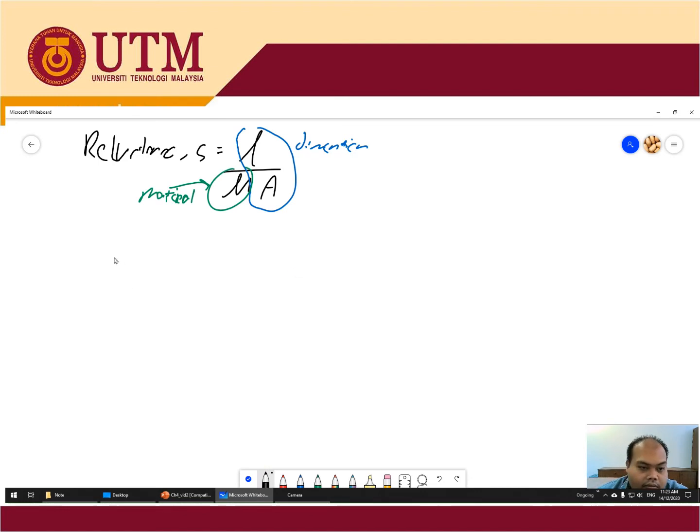So I give you a simple example first. For example, you have a core. Then this one is a bit larger, this one much larger, this one larger, and this one is the largest.